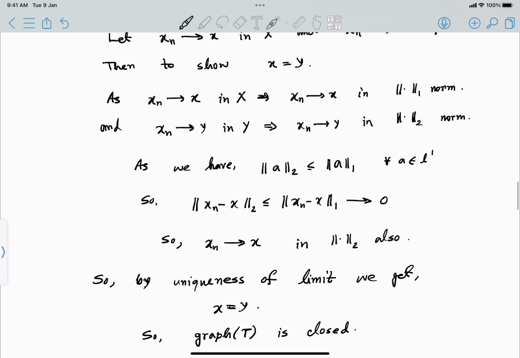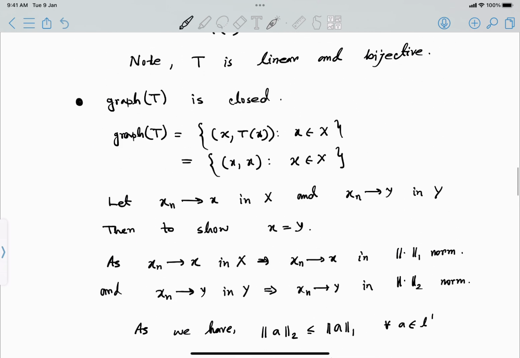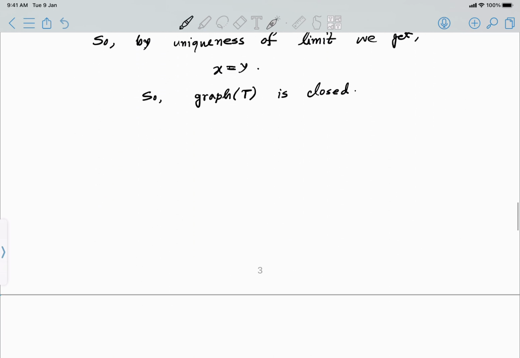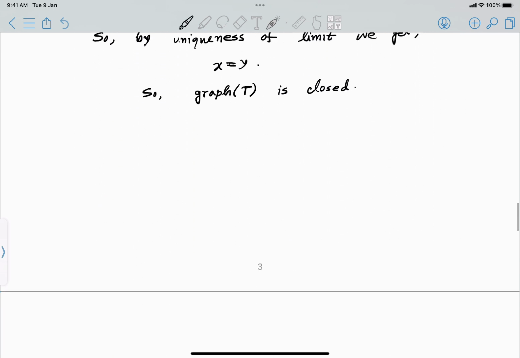Okay. And as T is bijective, the inverse is well defined. Now you have to show that the inverse is not continuous.